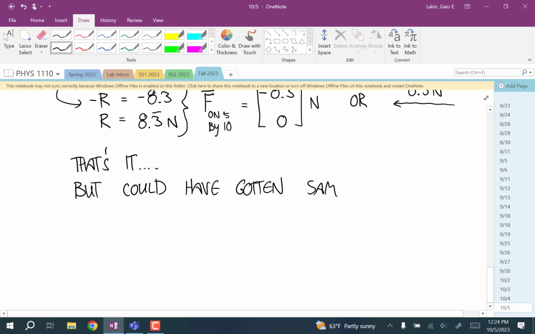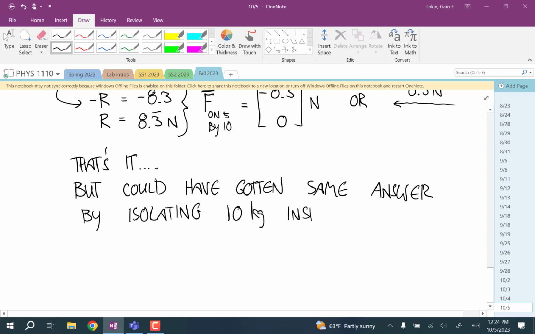So we could have gotten the same answer by isolating the 10 kilogram instead of the 5.